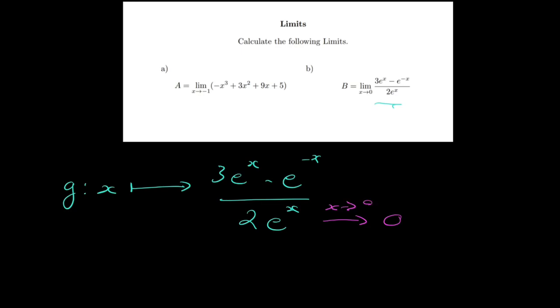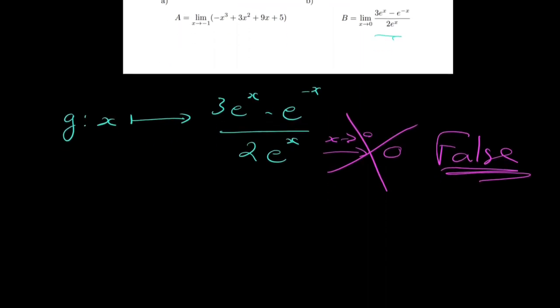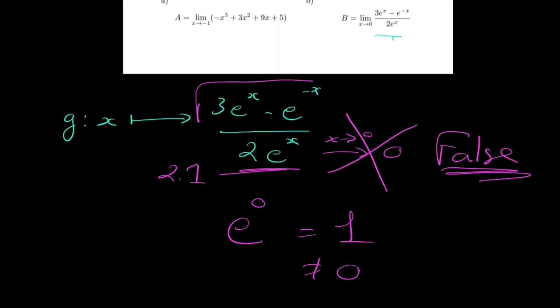But this is absolutely false. You have to remember that e of 0 is equal to 1. This is not equal to 0. And so when we come close to 0, we will have here something that will be equal to 2 times 1, and over something we don't care about, something that is going to be defined.